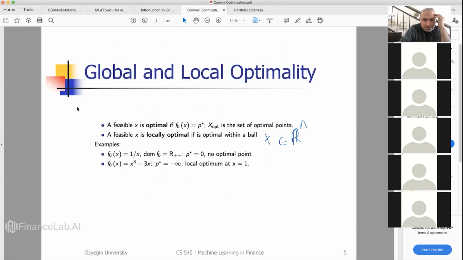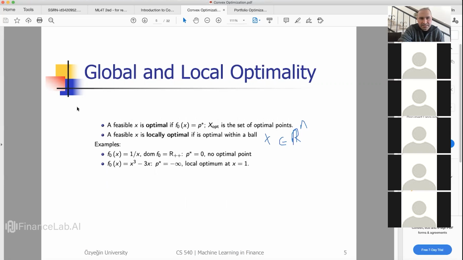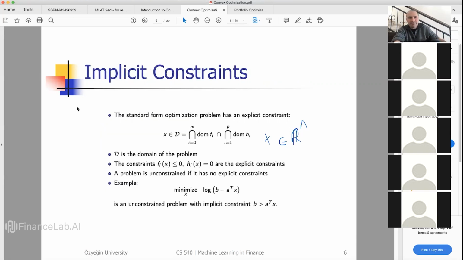A feasible point is optimal if f0(x) is among the optimal set. It's locally optimal if it's optimal within a ball. So optimal is optimal among all feasible points, and if it's a locally optimal point, then it is optimal within a ball. In this case, I'm skipping global and local optimality. This is the same as the one that we have seen in convex sets.